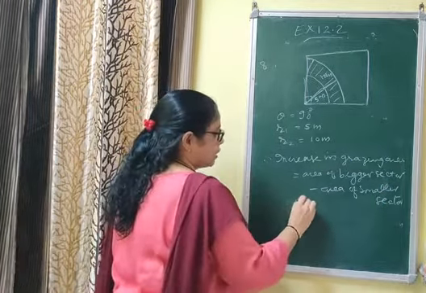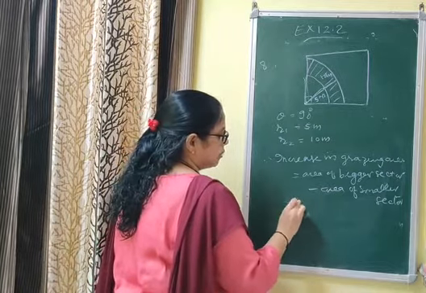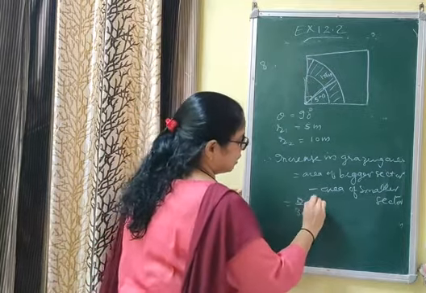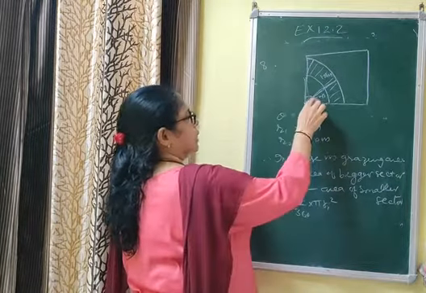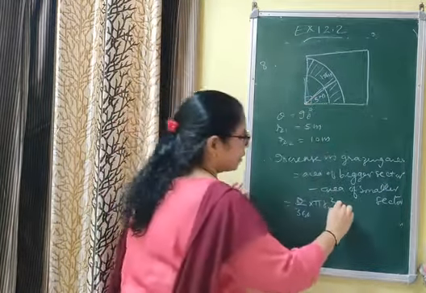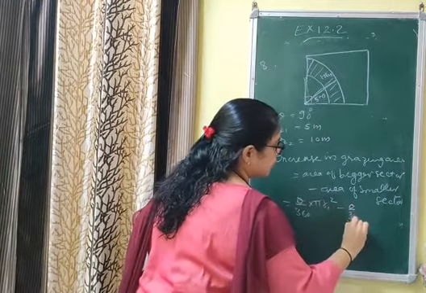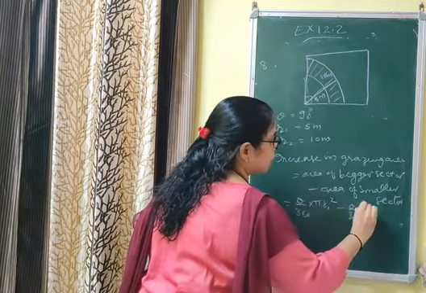Now the formula is theta by 360 into pi r1 square, because we have taken the radius of the smaller sector as r1, minus theta by 360 into pi r2 square.